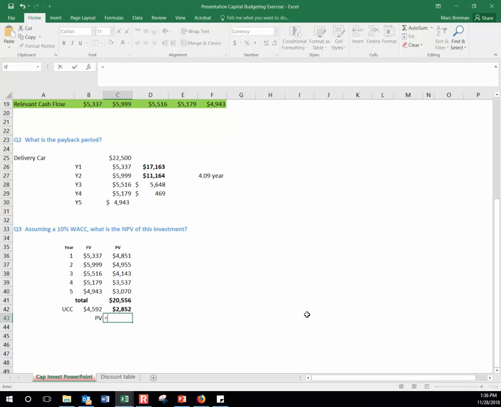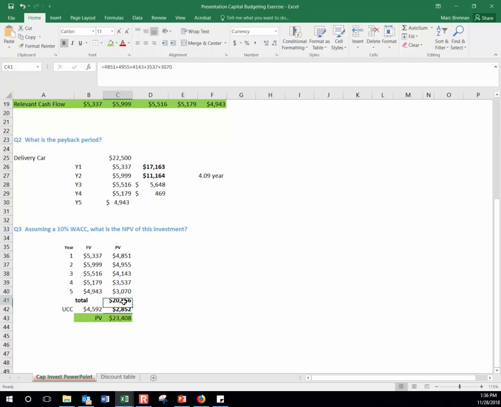If I add these two together, 20,556 plus 2,852. That's going to tell me that currently this is the value of this investment. Okay, that's when I take into account all the cash flows I'm going to experience, and when I take into account what the value of it will be at the end of year 5.